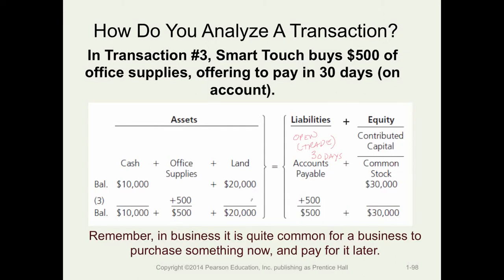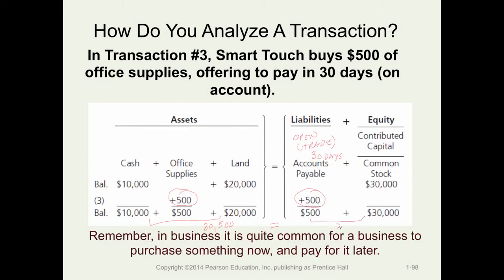In this case, the asset office supplies increases and accounts payable also increases. No cash is used, but an asset, supplies, is on the books. And of course, at this point, total assets are 30,005. And again, you should always take a balance after each transaction.